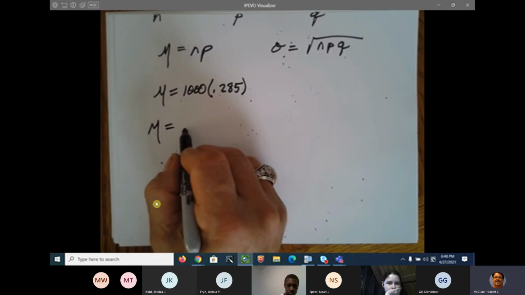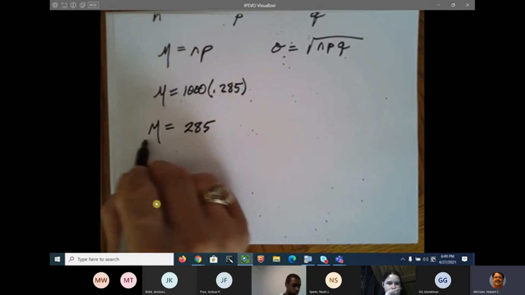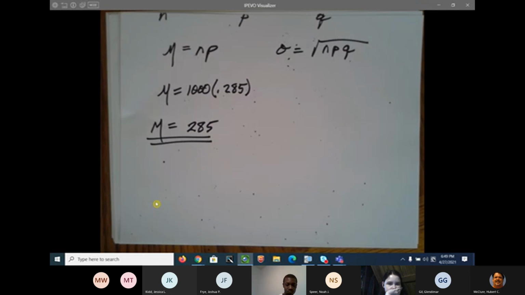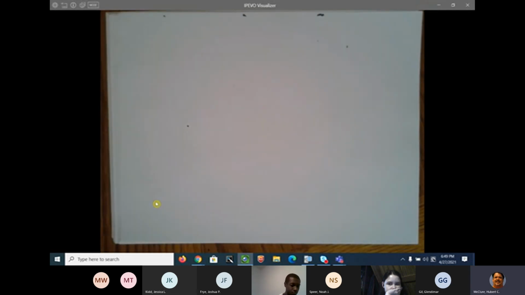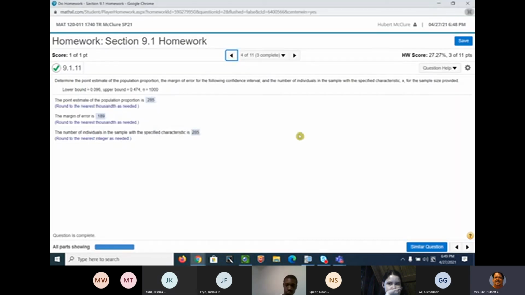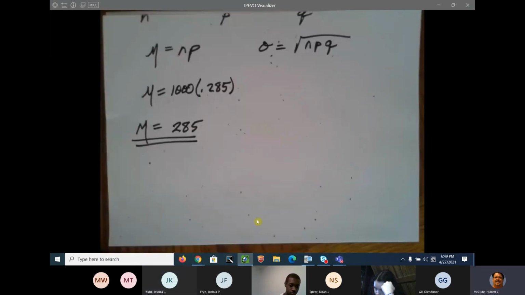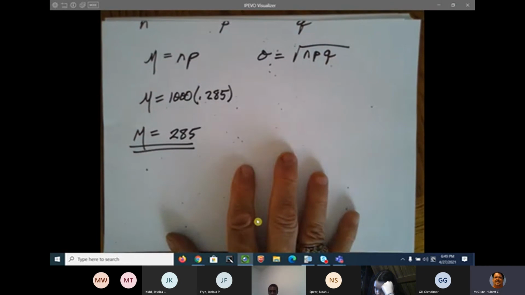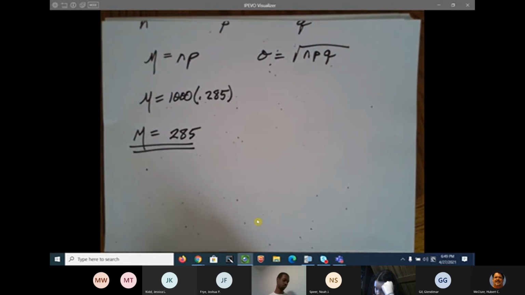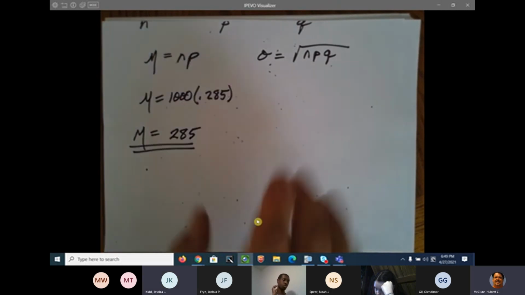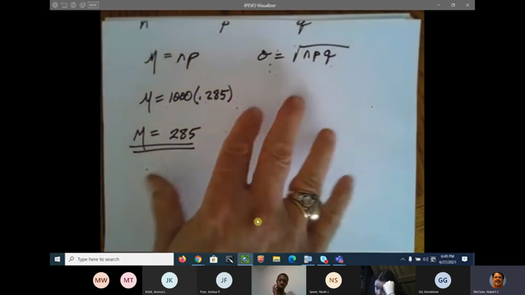So mu is equal to 285. This is from chapter 6.